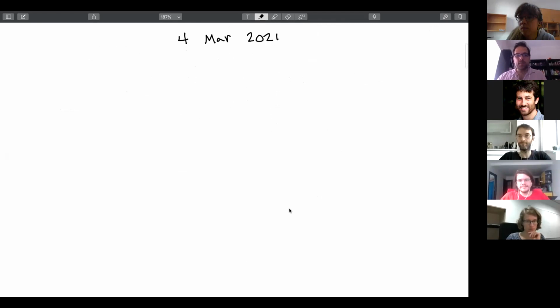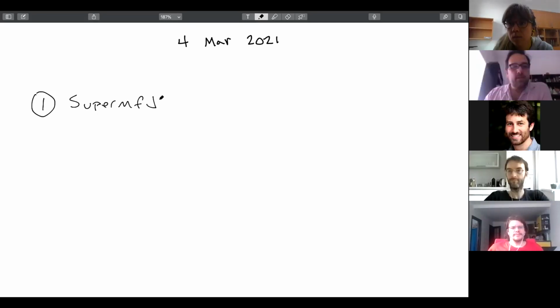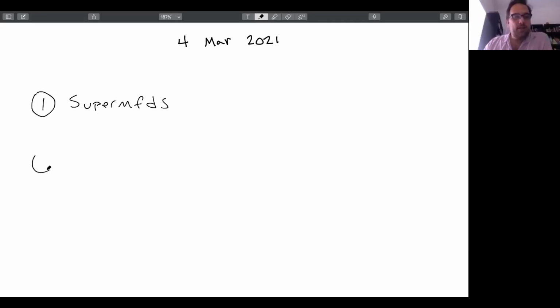So we'll organize this talk as follows. First we'll talk a little bit about what a supermanifold is. Then we'll talk about bundle gerbes, both on and off supermanifolds.